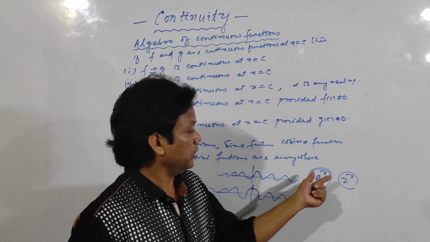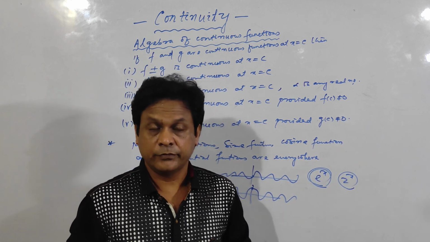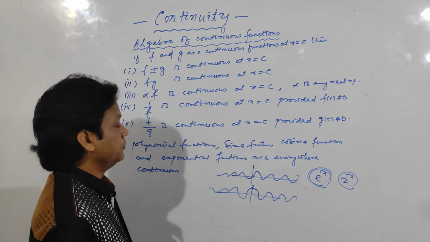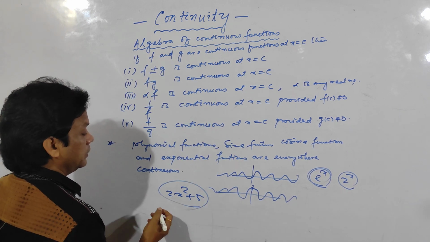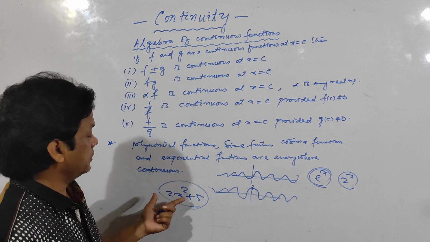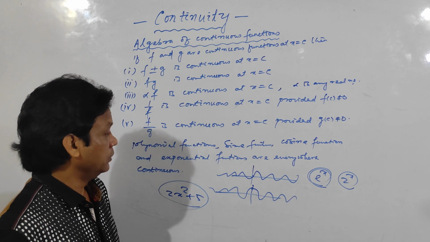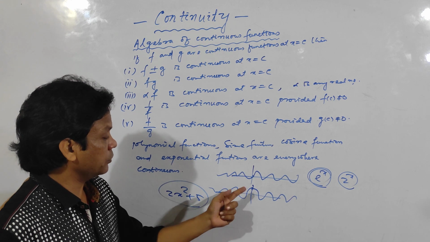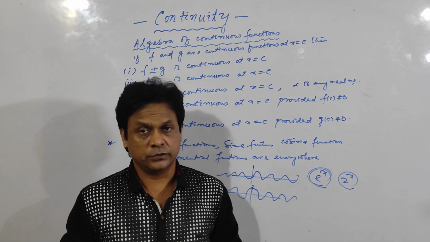There is no such real number x for which e to the power x or 2 to the power x or 3 to the power x is undefined. Clear? And polynomial, for example, 2x square plus 5, if you put any real number x, this polynomial is defined, there is no point of undefined. So these four functions, sine function, cosine function, polynomial functions, and exponential functions are everywhere continuous.